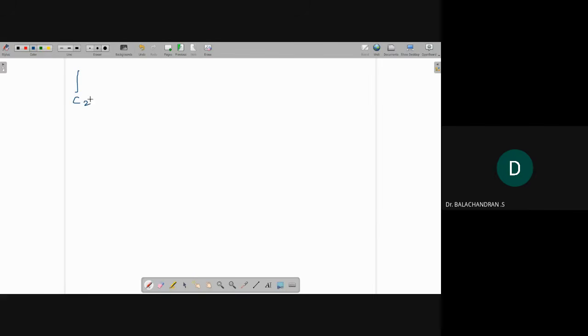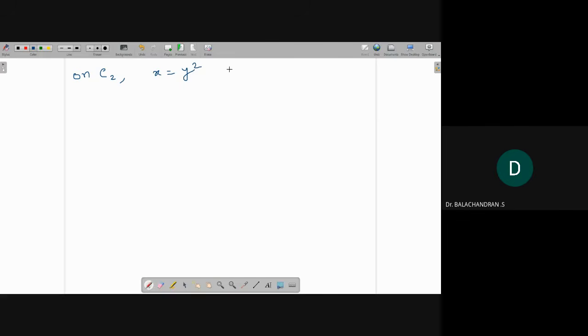Integral over C2. It is better to write on C2, no need to write again. On C2, Dikshita, what is the curve C2? Y squared equals x, or x is equal to y square.